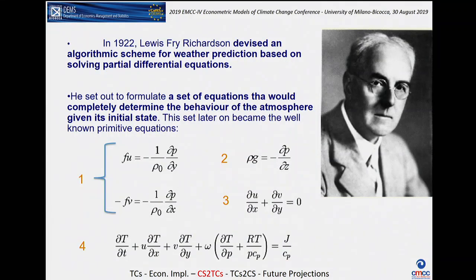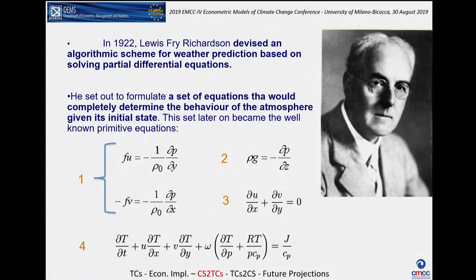Then, 20 years later, another scientist, Lewis Richardson, made one step more. He suggested that, based on some equations, the famous partial differential equations known as the primitive equations, the climate equations, it should be possible to derive the time evolution of the parameters that determine our weather system.